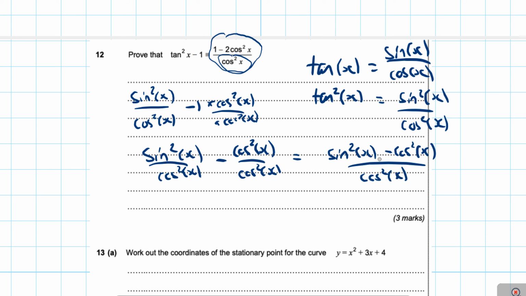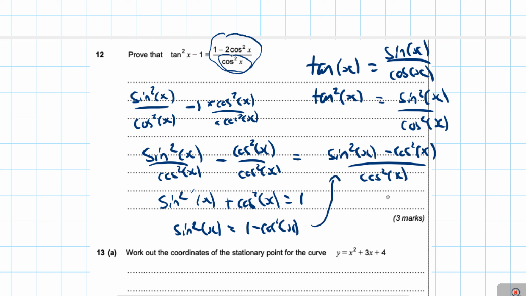And then from here we can say that we don't have any sine squared terms in our numerator on the top, so let's replace the sine squared x. We can use the identity sine squared x plus cos squared x equals 1, so sine squared x equals 1 minus cos squared x. Then we can substitute that into our equation.